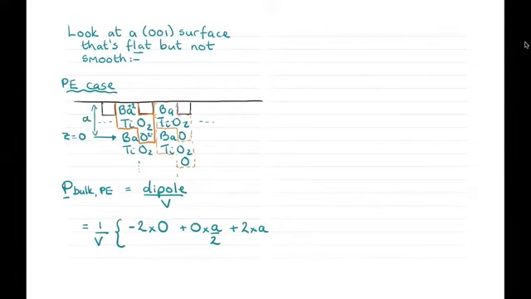It's the barium-barium spacing. And these are all, of course, times the electronic charge.